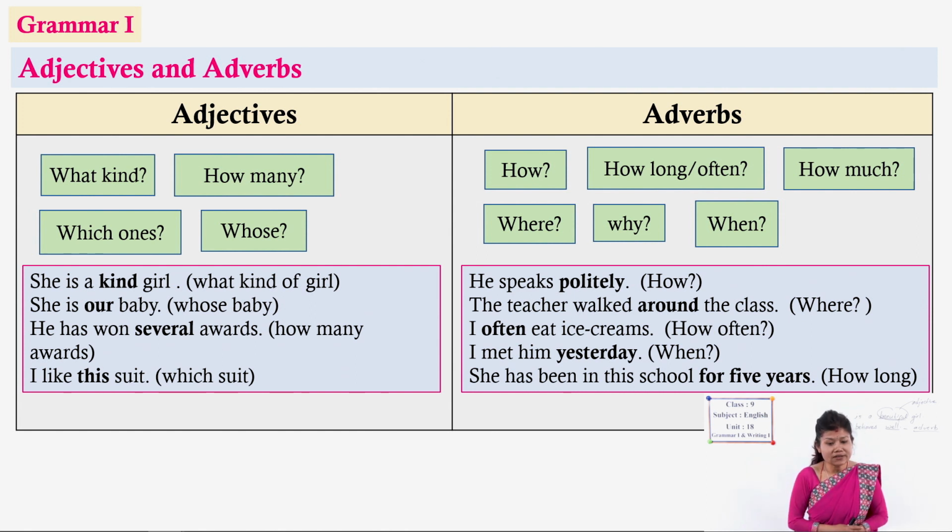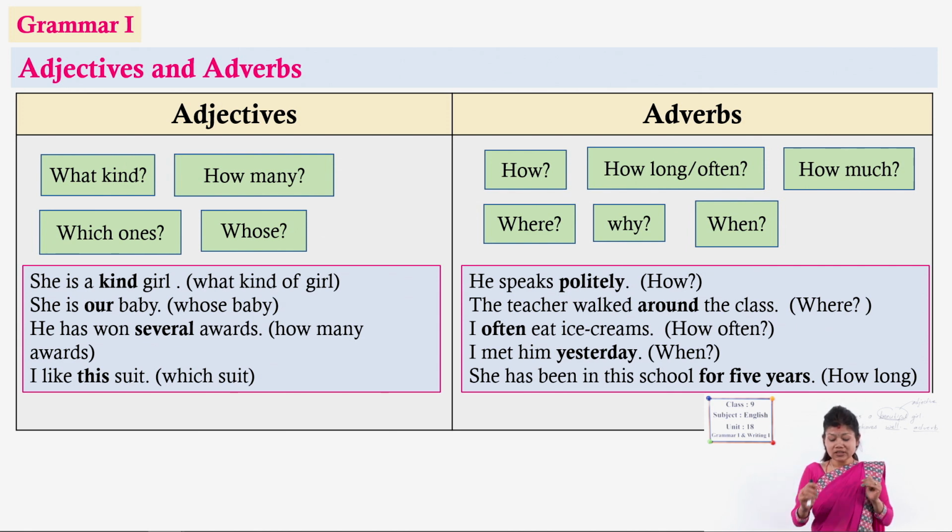And she has been in this school for 5 years. How long has she been teaching in this school? For 5 years. In this way, dear students, this is a technique which may help you recognize whether a word is an adjective or an adverb.